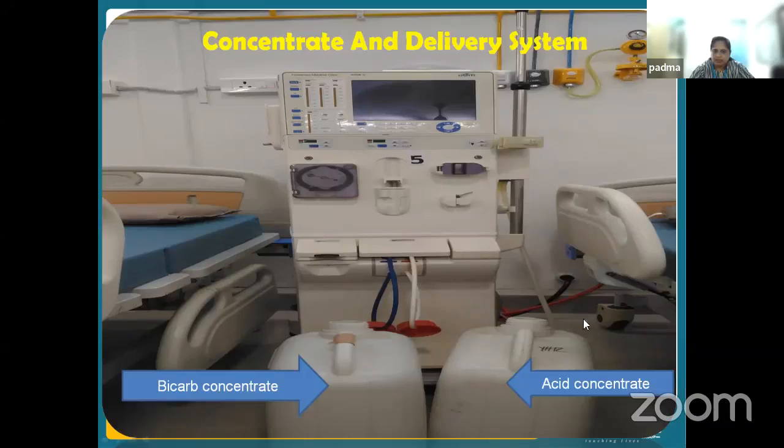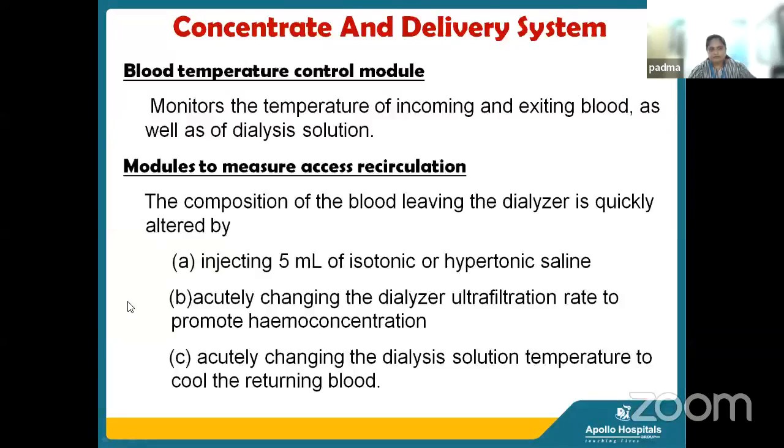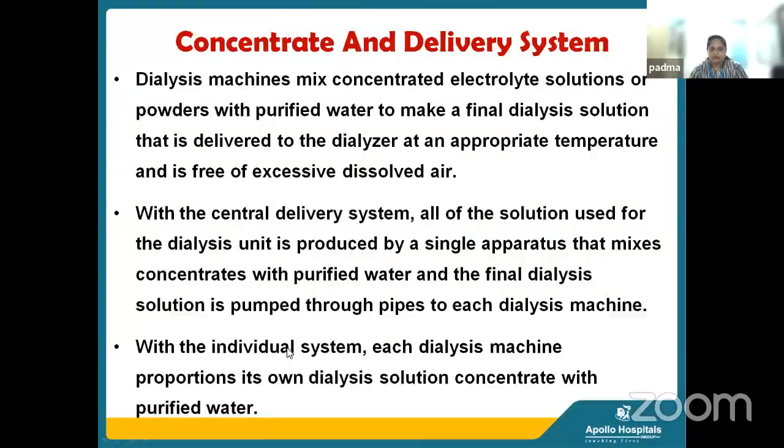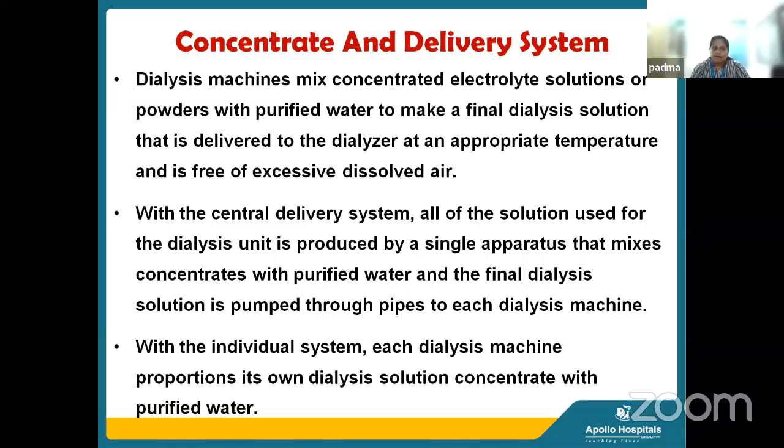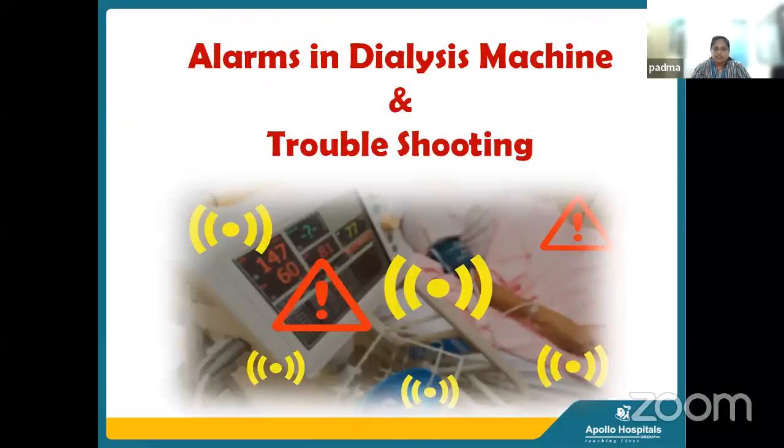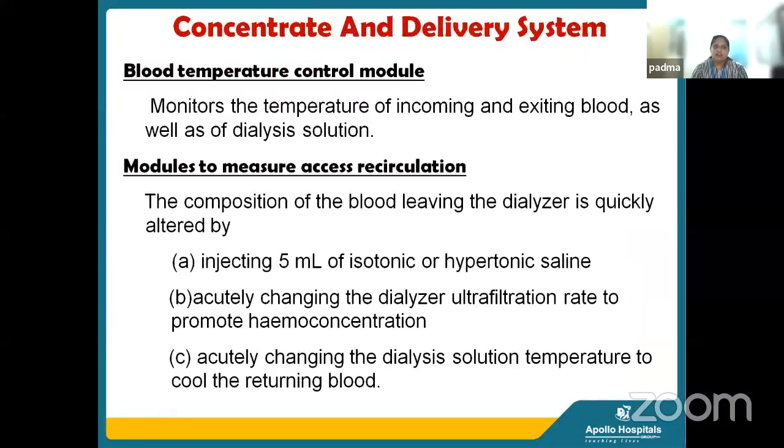So this will be mixed with RO water, and the concentration and delivery system will be done through the tubings, and here the extra blood urea nitrogen and waste products will be eliminated, and fresh blood will be flowing through the venous. So normal blood temperature for control modules will be 36 to 37 centigrade.